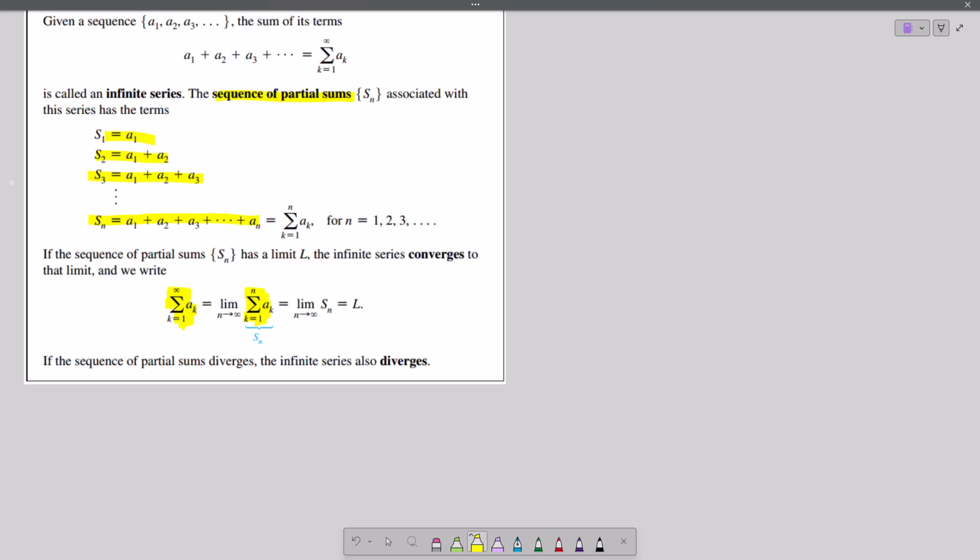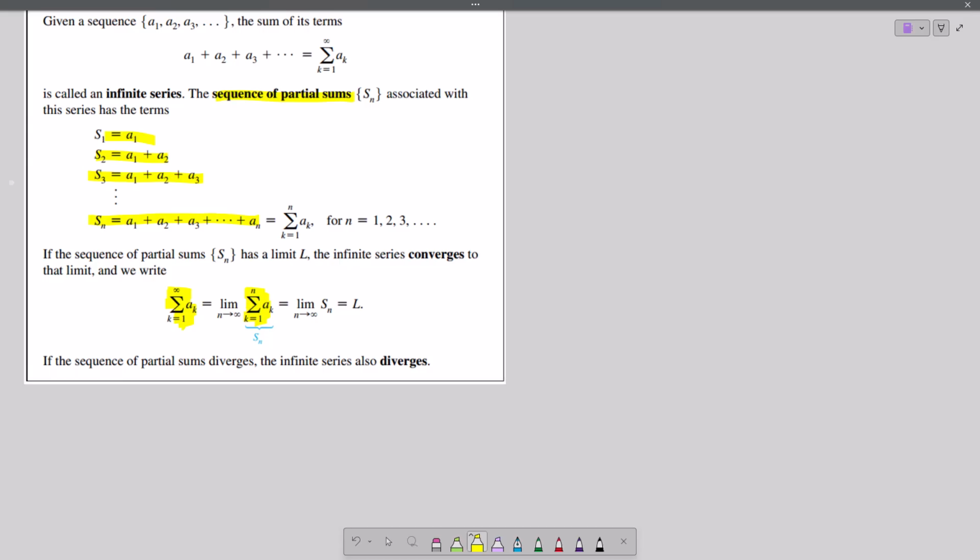Every sequence, converge or diverge. Every series, converge or diverge. There's only two sides to the coin, one or the other. So, if the sequence of partial sums diverges, the infinite series diverges. If the sequence of partial sums converges, the series converges. And we say this in a lot of ways.